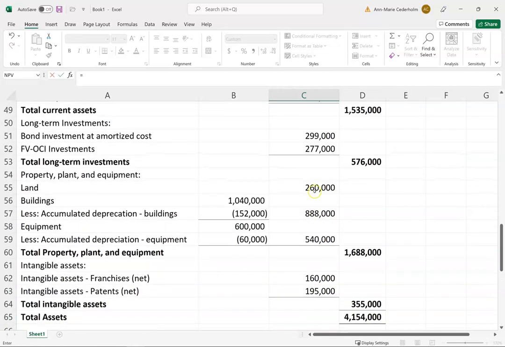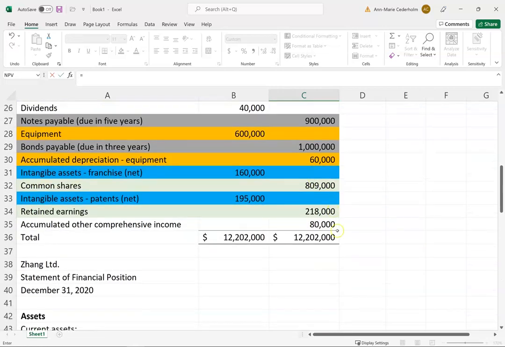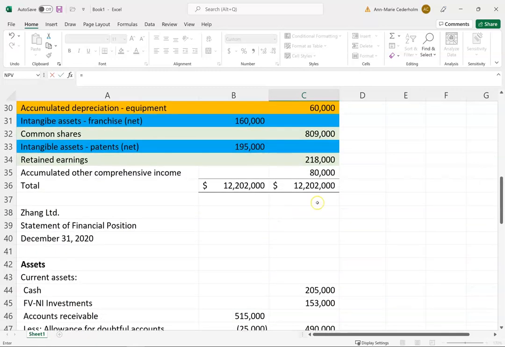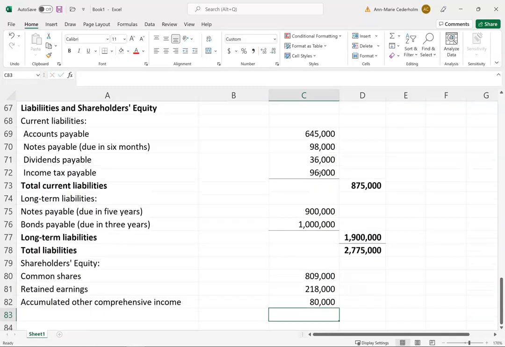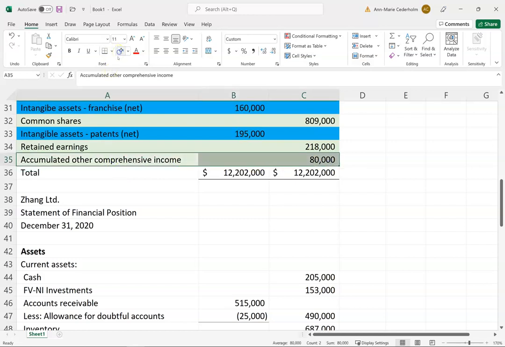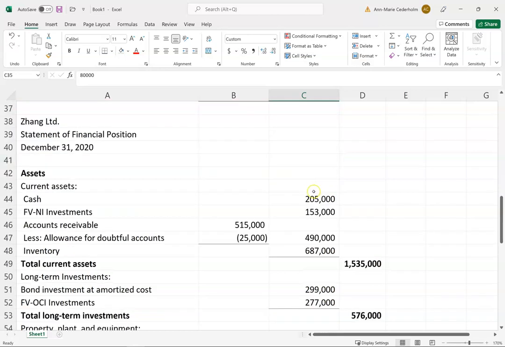Okay, but I'll show you what I'm going to do. And then my accumulated other comprehensive income is the 80,000. Okay, so these are my opening balances for retained earnings and accumulated other comprehensive income.